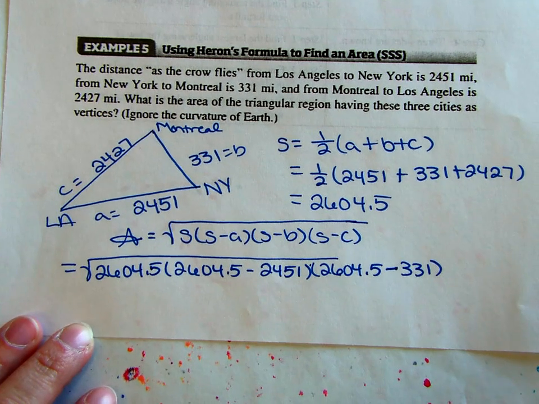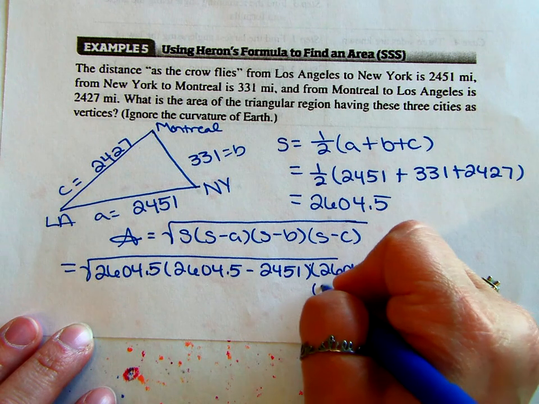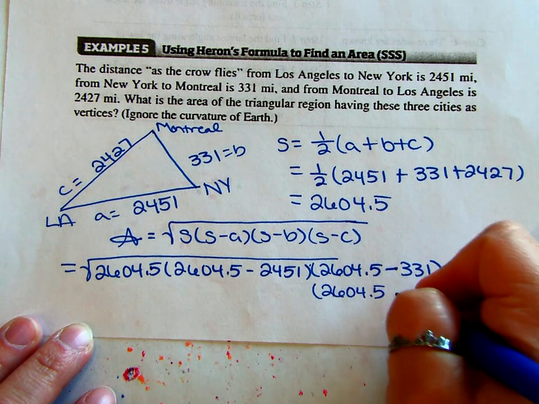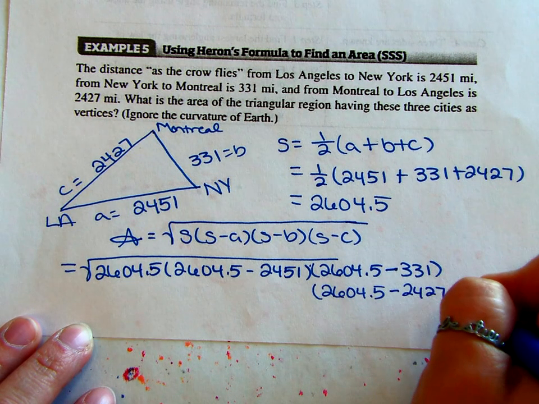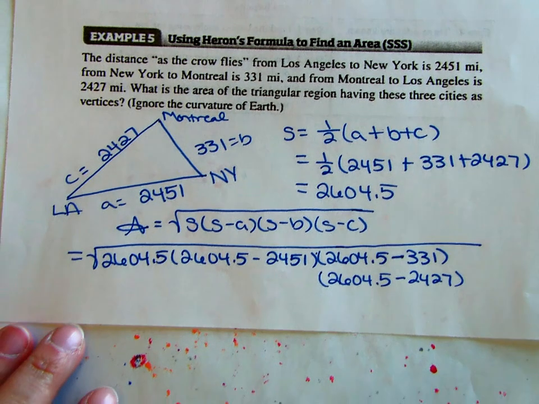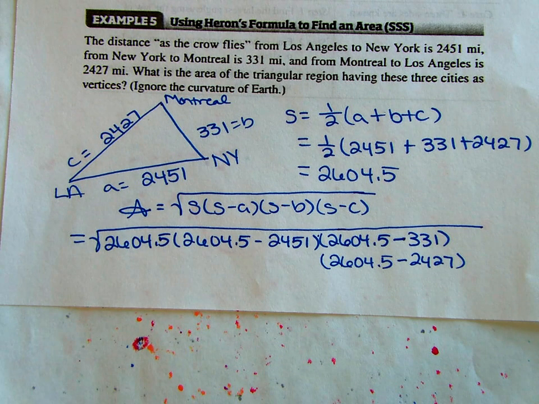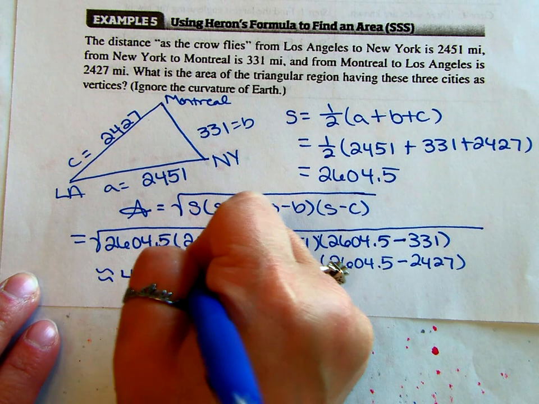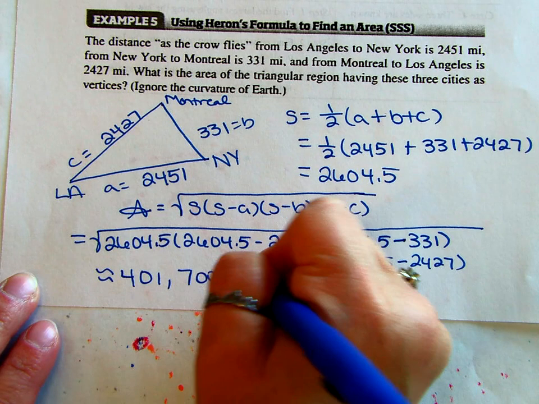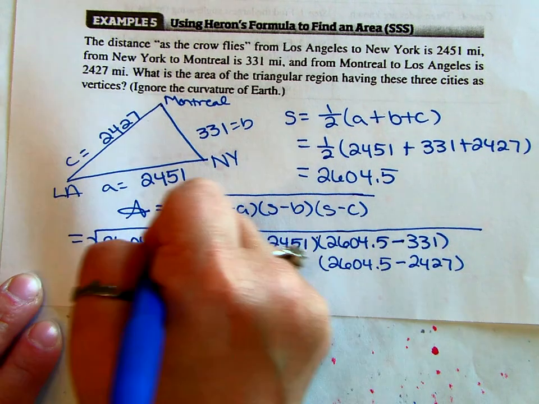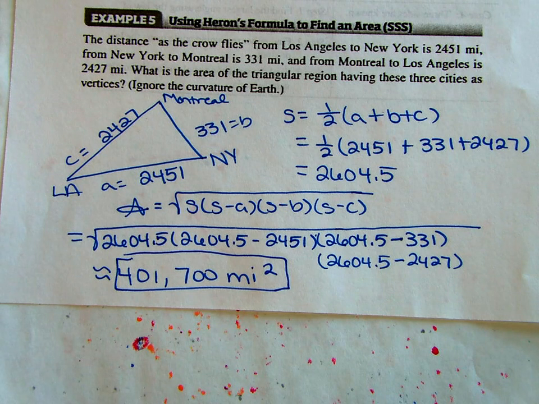I just want to be able to show everything on the screen. So that's still included underneath and being multiplied. ...401,700 miles squared. You're going to really like your calculator in this section.